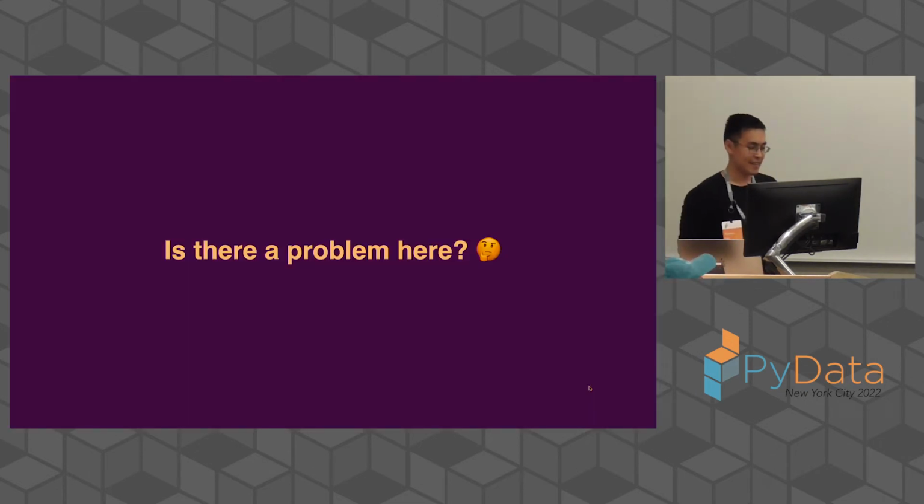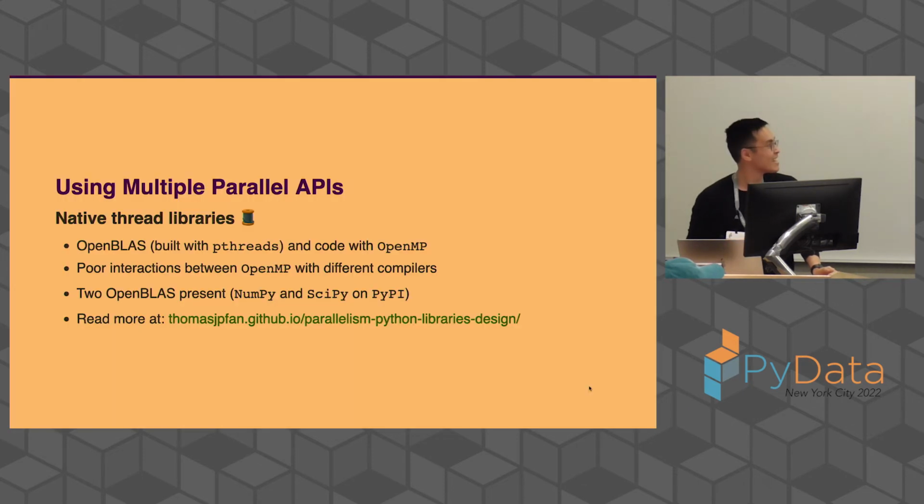Now, there's a lot of bits here, and the question when thinking about this talk and thinking about parallelism in Python is, is there an issue with the current state of Python and parallelism? Maybe. As I said before, when using multiple parallel APIs, things come up.